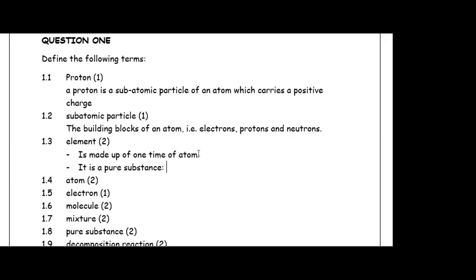You need to use electrical systems to separate it, such as, do you remember when we did that experiment with electrolysis, right? Where we broke down copper chloride. So it is a pure substance. It is chemically bonded. Here we go. That will be enough for that answer.